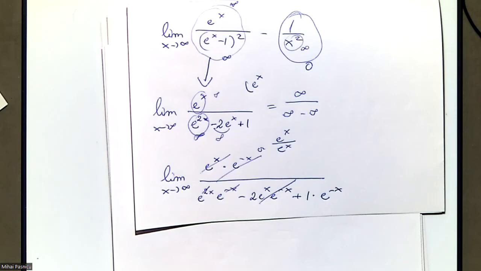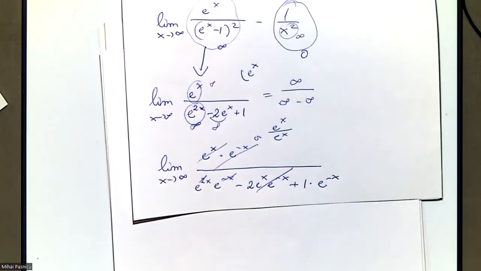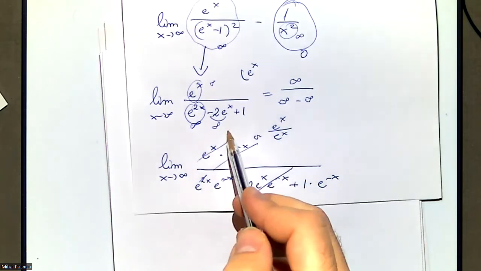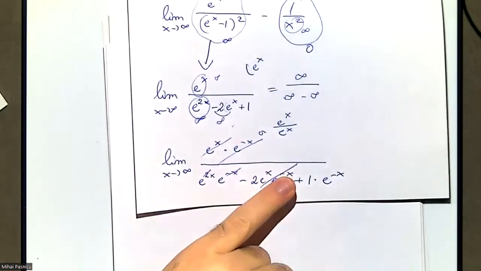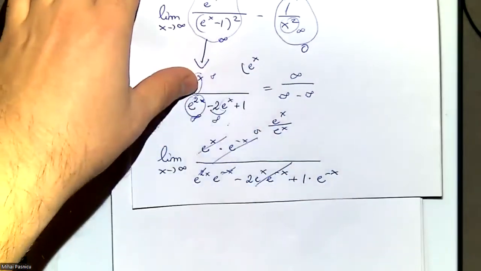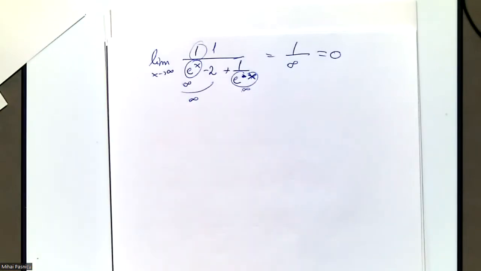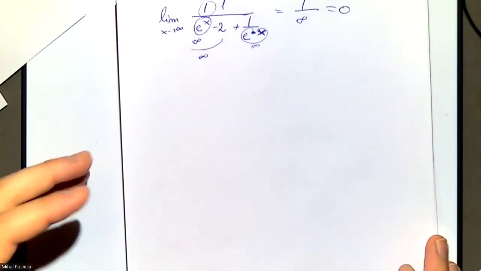Because again, for me, you have infinity over infinity minus infinity. That is completely undefined. So I need really, really strong arguments. You either group something here with e^x, I don't know. I just like this dividing by e^x because I get something really clear and undoubted, if it makes sense.